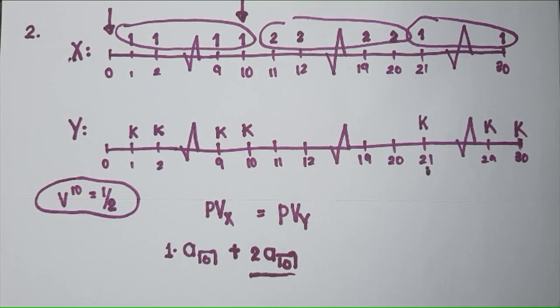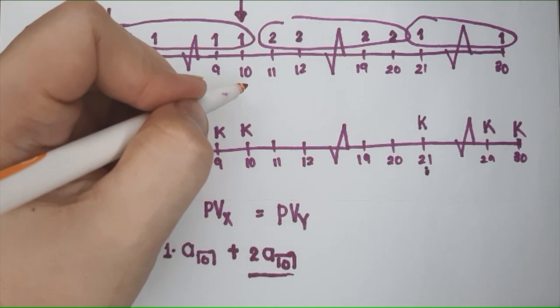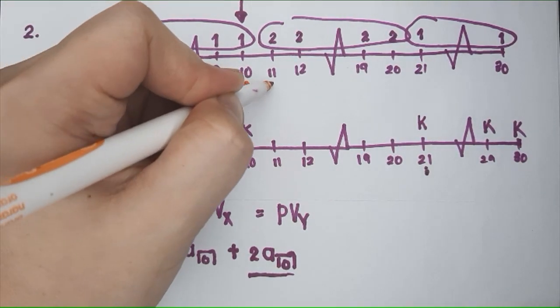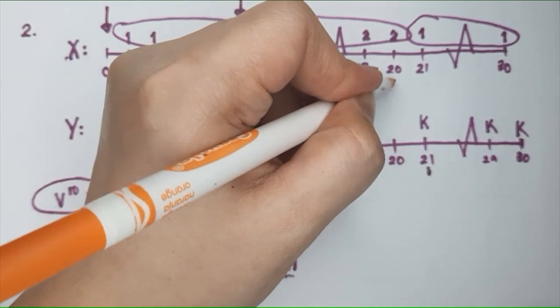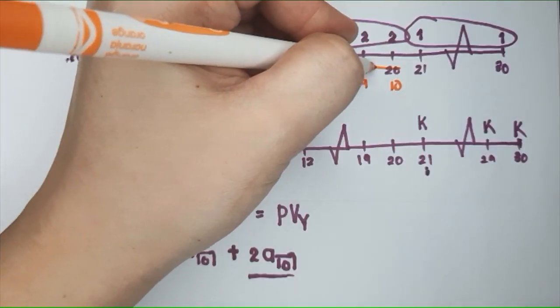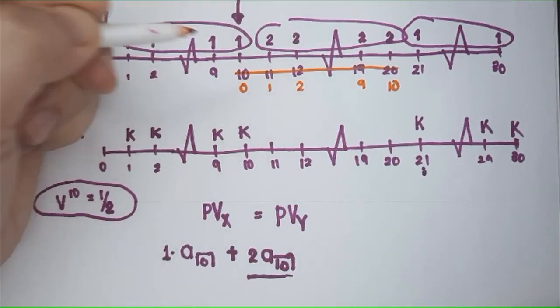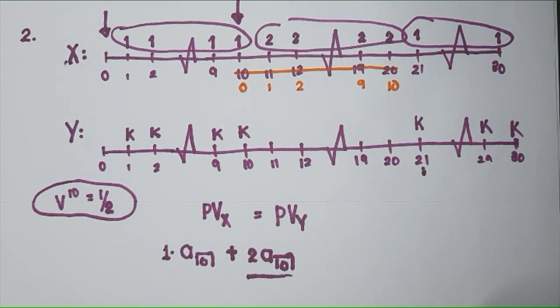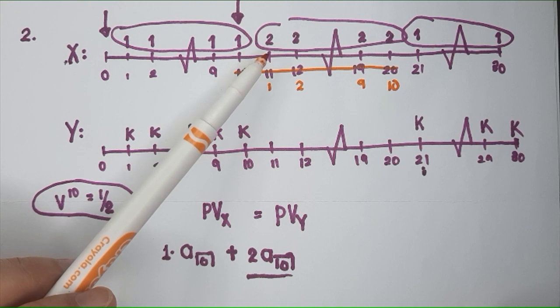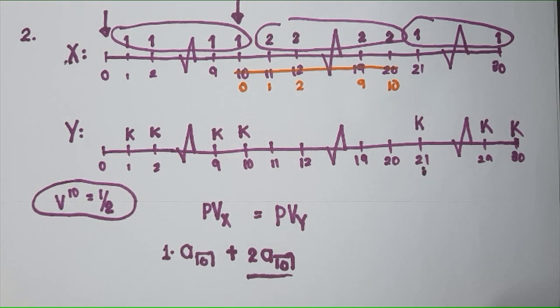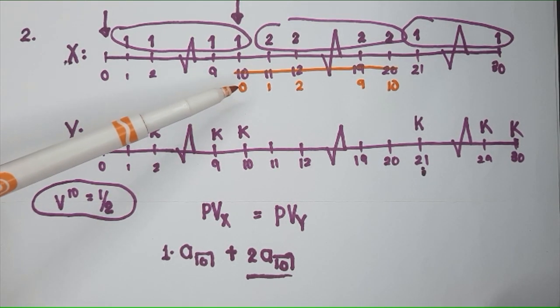If you rename the time diagram like this, this becomes 0, then 1, 2, then 9, 10, and you disregard the other payments. We focus only on the 2. It looks like a time diagram for an annuity immediate.